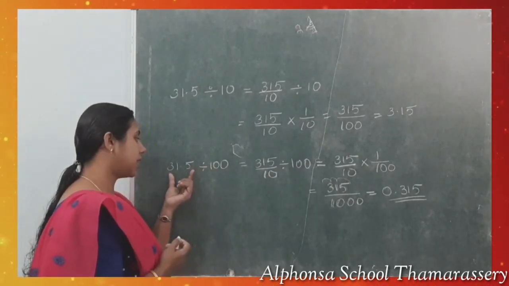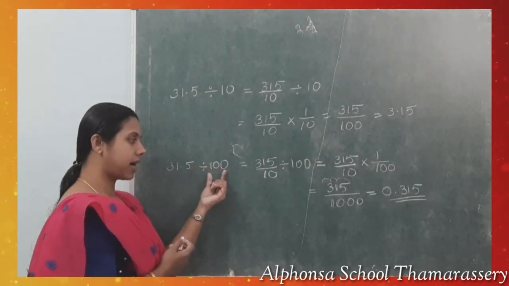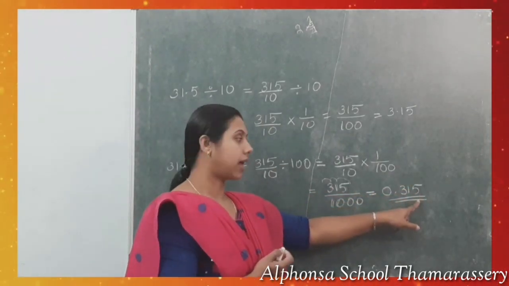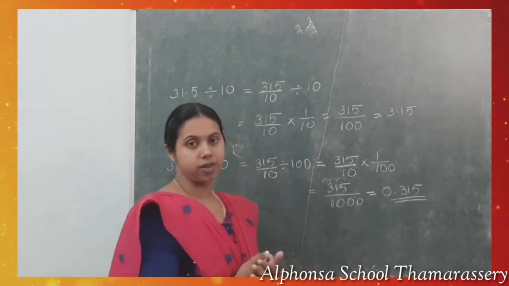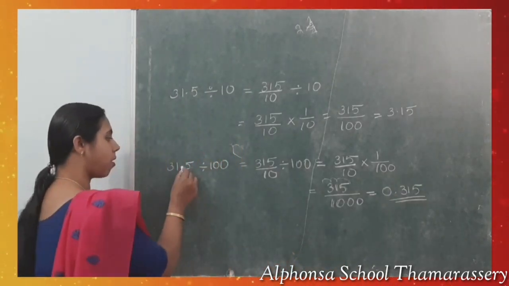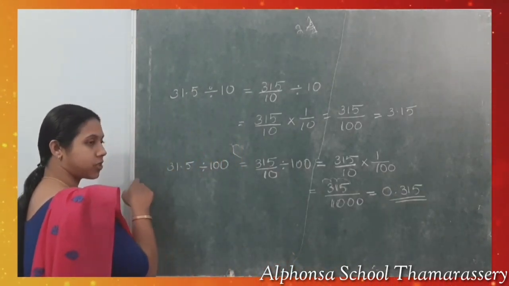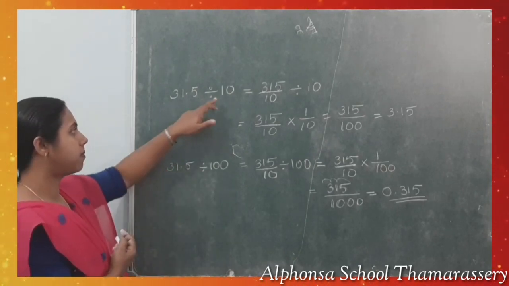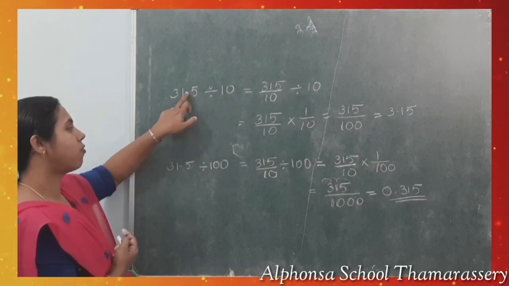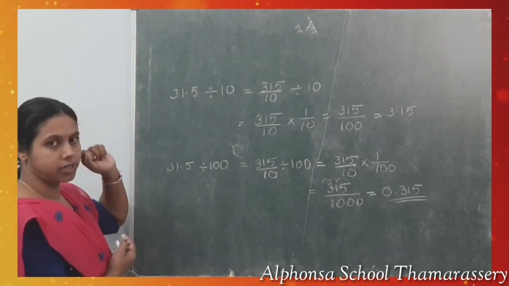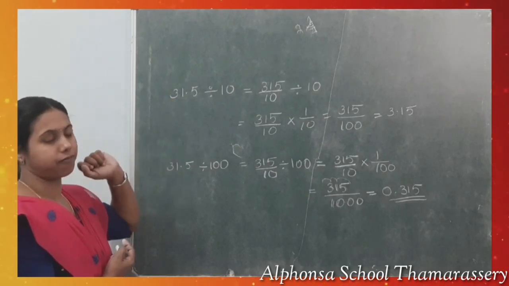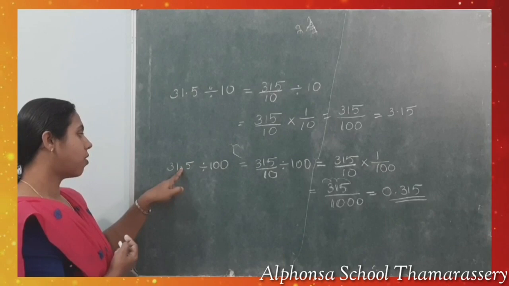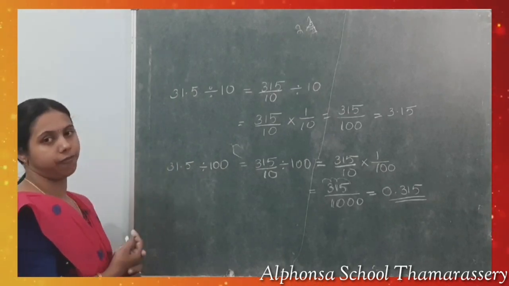See the question, 31.5 divided by 100, we got the answer 0.315. How many places has the decimal point moved to the left? 2 places to the left. When you divide by 10, the decimal point moves 1 place to the left. When you divide by 100, the decimal point moves 2 places to the left.